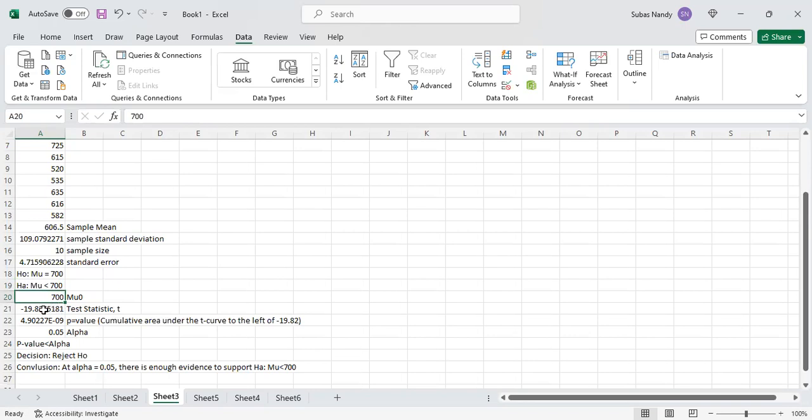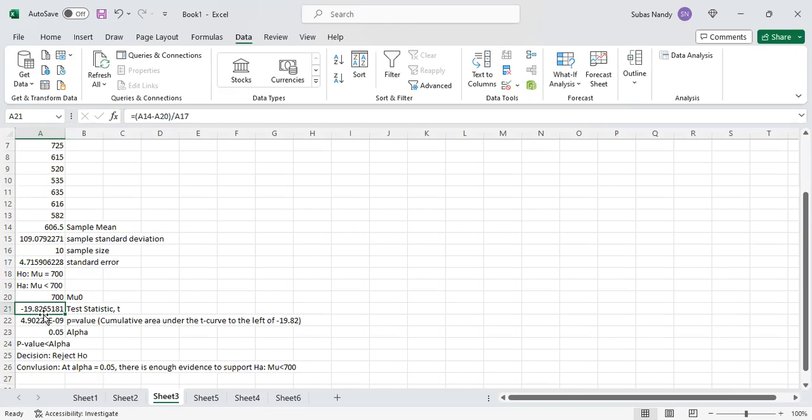700. Then we calculate the test statistic, which is a characteristic of the sample that we have collected. That is, from the sample mean, we subtract the hypothesized population mean and then divide by the standard error. Okay, and it works out to be a very small negative number.